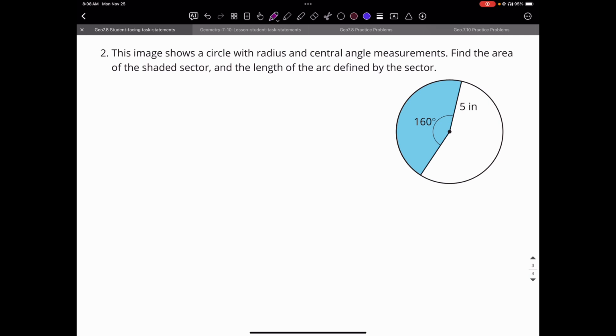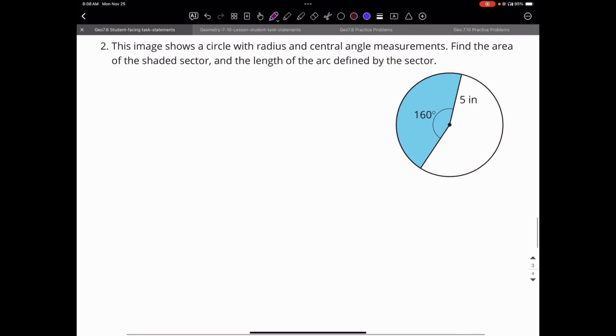All right, so we'll do number 2 and then I'll move on to lesson 10. This image shows a circle with the radius and central angle measurements. Find the area of the shaded sector and the length of the arc defined by the sector. So here we go. Area is 160 over 360 times pi times our radius, 5 squared. Now 160 over 360, I know that they're both divisible by 40.